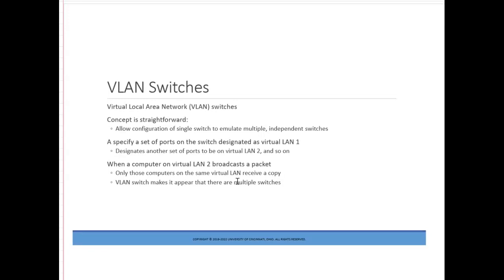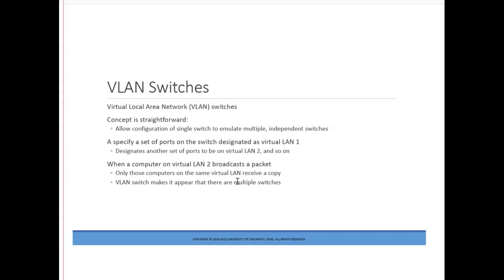Virtual Local Area Network, or VLAN, switches. Virtual means that it is created in software. The concept is straightforward. It allows a manager to configure a single switch to emulate multiple independent switches. A manager can specify a set of ports on the switch and designate them to be on virtual LAN 1, and designate another set of ports to be on virtual LAN 2, and so on.